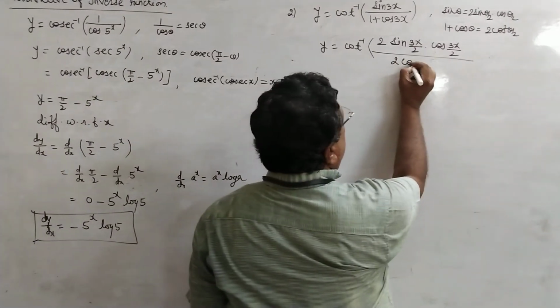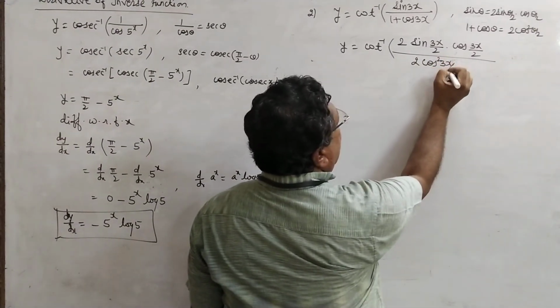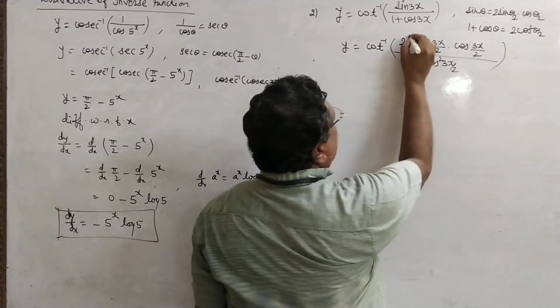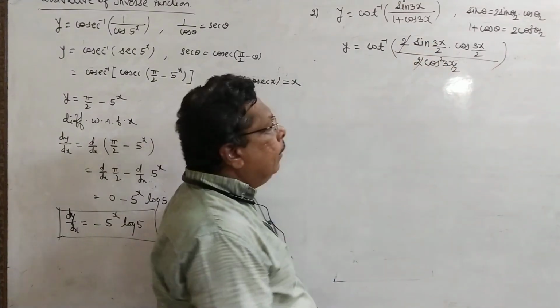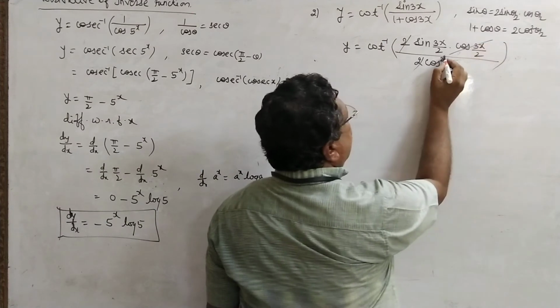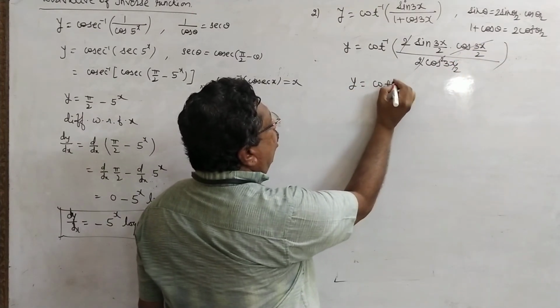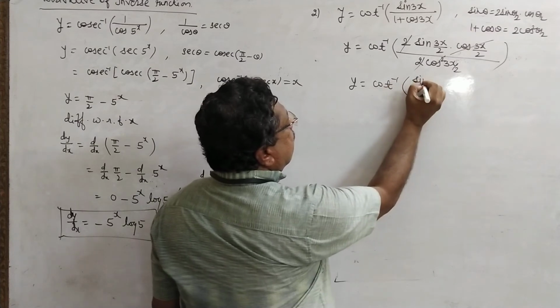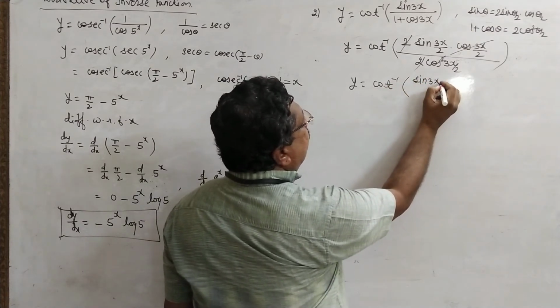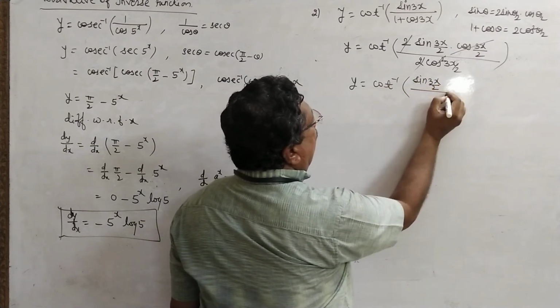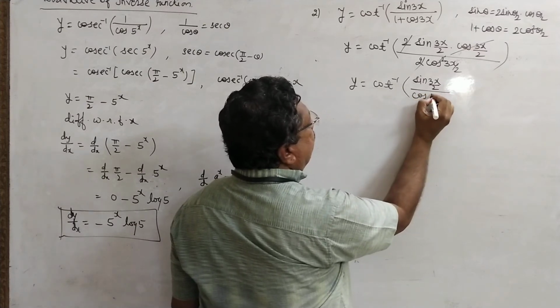This 2 gets cancelled, cos 3x by 2 also gets cancelled. So remaining is y equal to cot inverse of sin 3x by 2 upon cos 3x by 2.